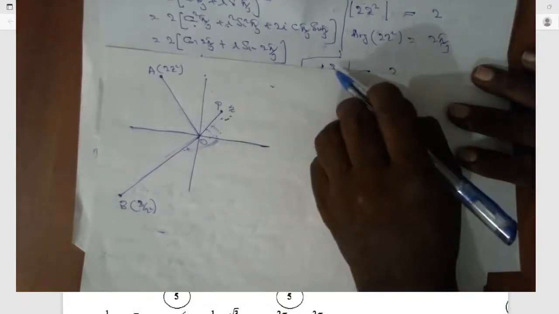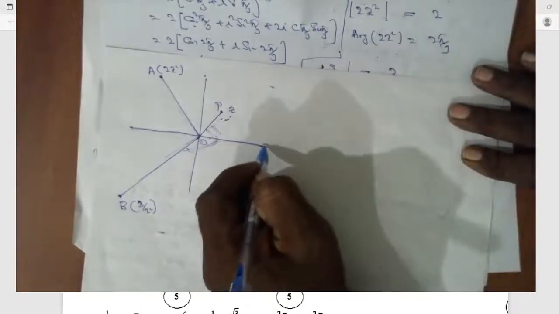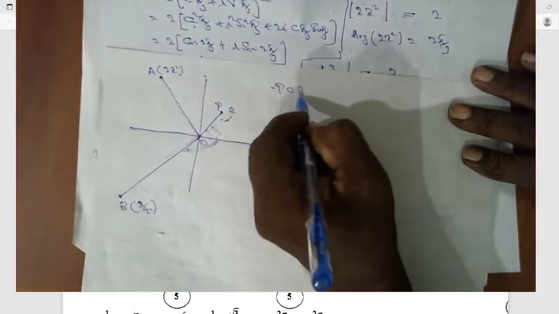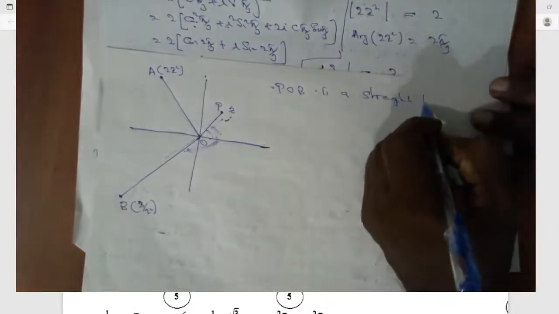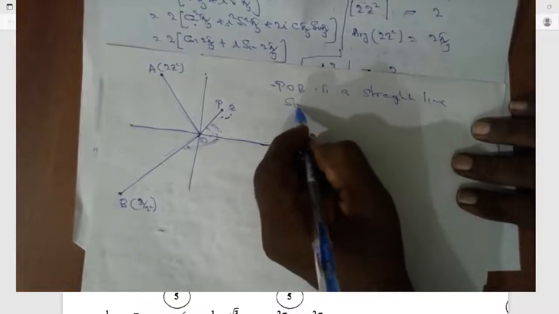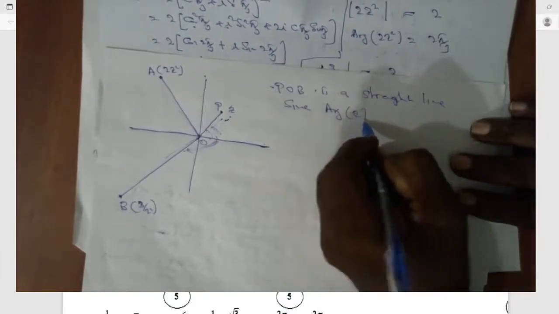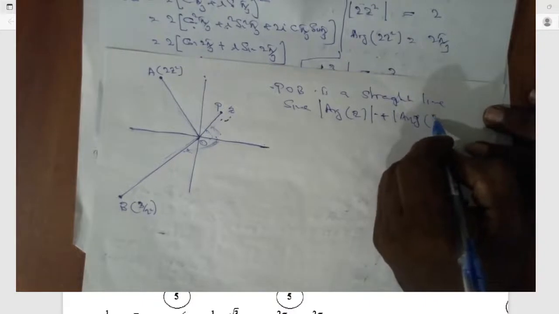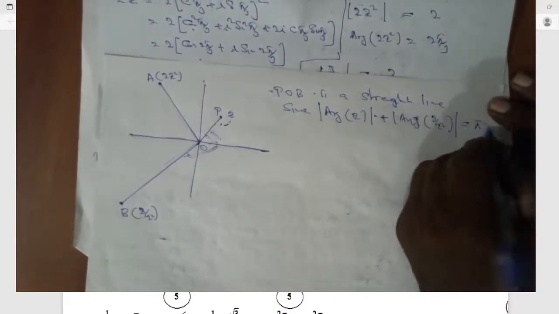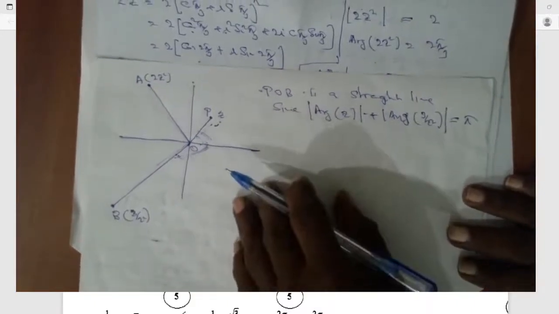POB is a straight line. Why? Since mod arg c plus mod arg 3 over c squared equals pi. The sum of these angles, 2 pi by 3 and pi by 3, is pi.